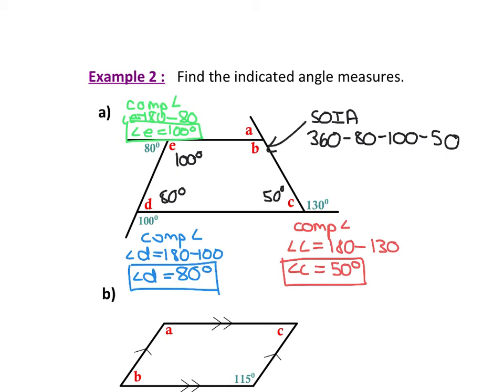So when we do this, 360 minus 80 leaves us with 280, minus 50 leaves us with 130 degrees. So angle B equals 130 degrees.